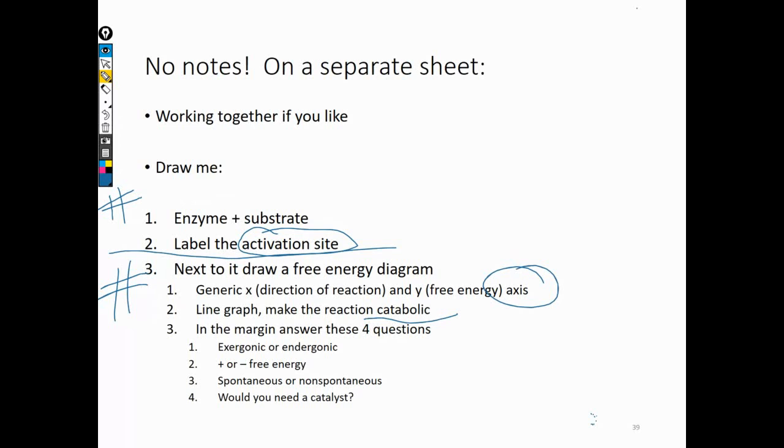Okay. Once you draw a good line graph of a catabolic energetic equation, what I want you to do then is associate those four words with your line graph. Okay, just kind of like what we've been doing all along.